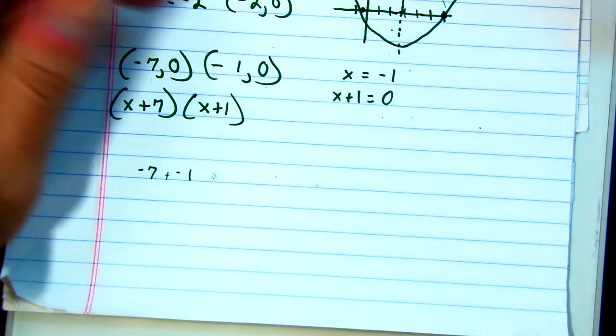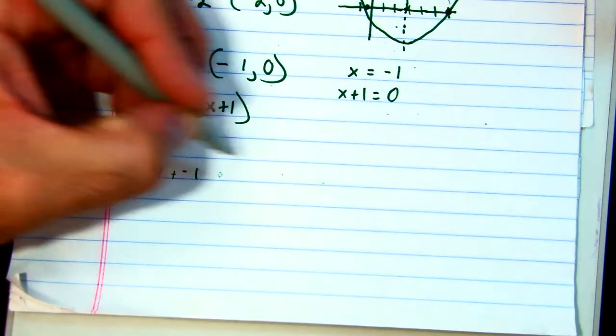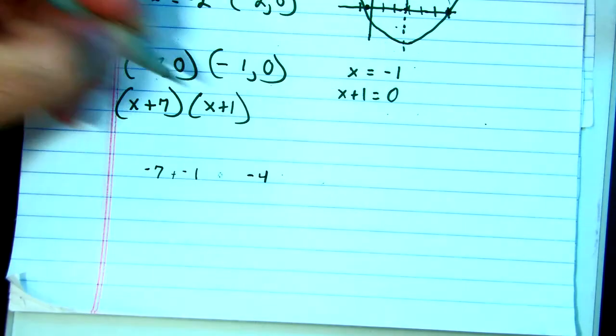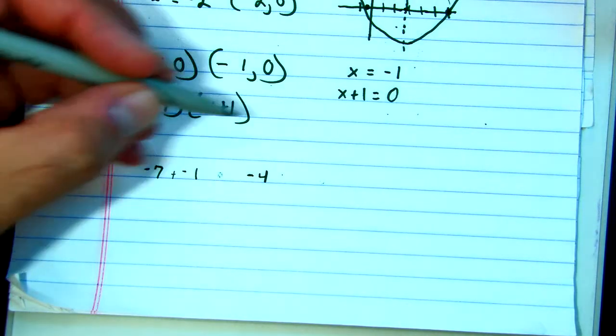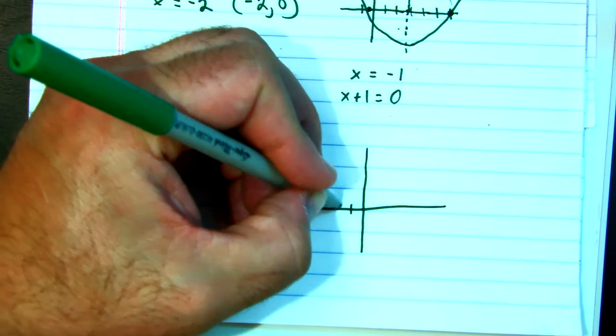Hopefully you're using a calculator because I'm not going to do it for you. And divide it by 2. It would be what? Negative 4. Correct. Hopefully you got the answer negative 4. Which means when I go ahead and graph this, negative 4 is my axis of symmetry.